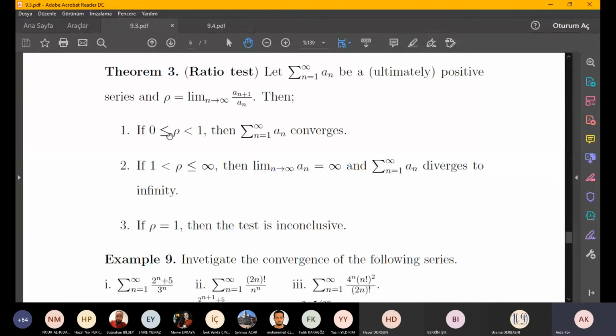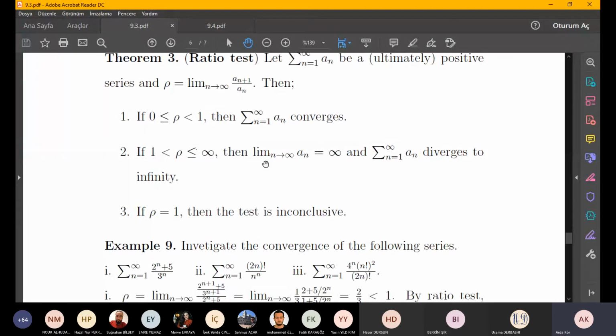If rho is greater or equal to 0 and smaller than 1, then your series is convergent. If rho, that limit of your ratio, is greater than 1 and smaller or equal to infinity, then the limit of your general term is infinity, which from the n-th term test, maybe you remember, is non-zero, so the series diverges to infinity.